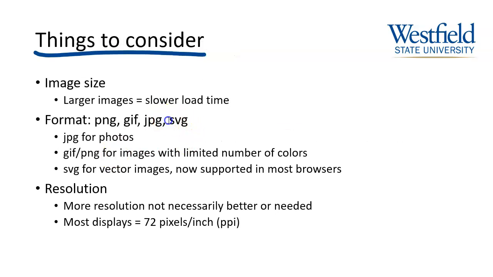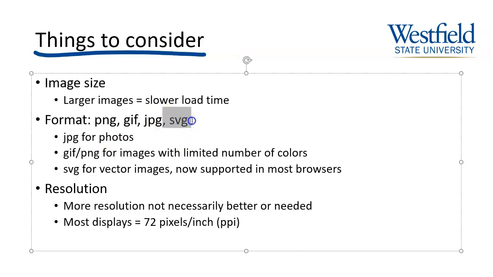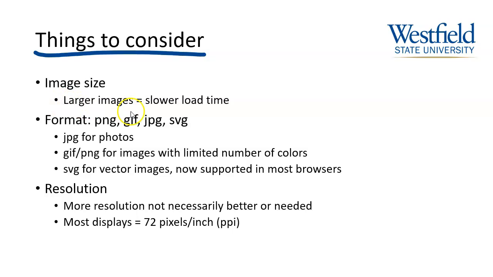And for things that aren't photos, SVG, that's a vector graphic, that normally would be a better choice than the other three types. And again, larger image is not necessarily better, and more resolution is not necessarily needed or better.